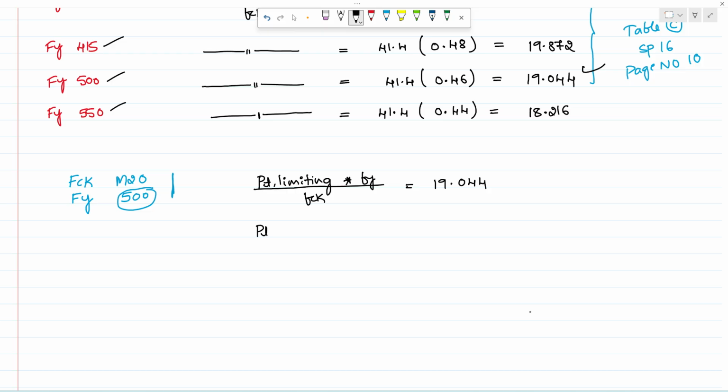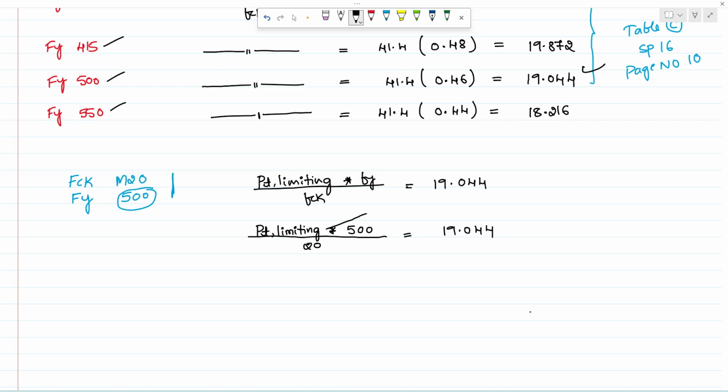So here PT limiting multiplied by Fy, grade of steel, it is 500, divided by FCK, grade of concrete, it is 20, equals 19.044.